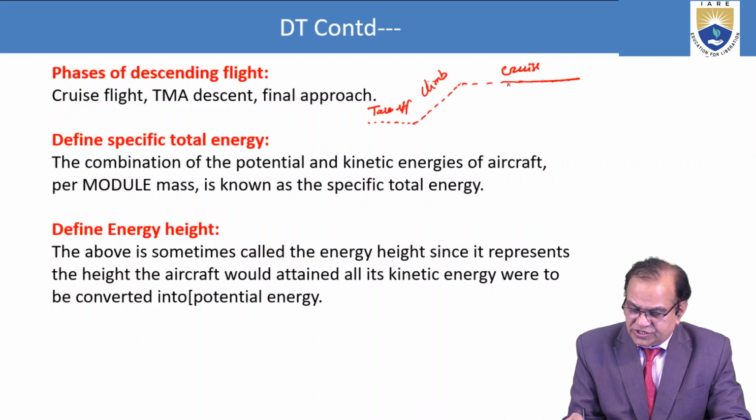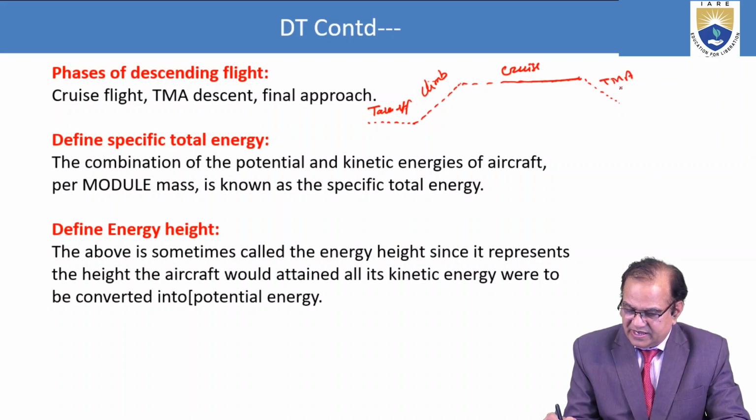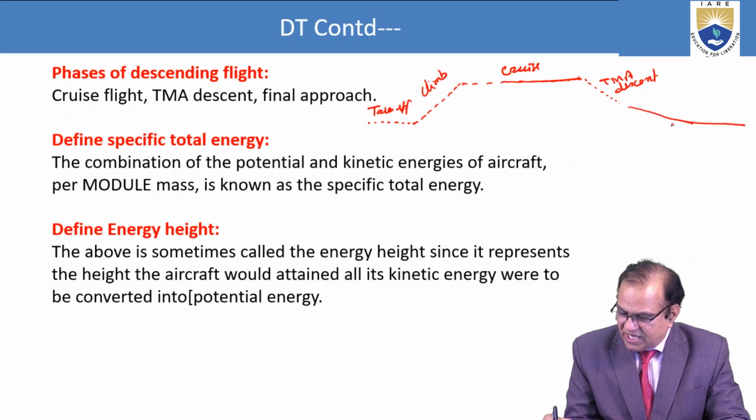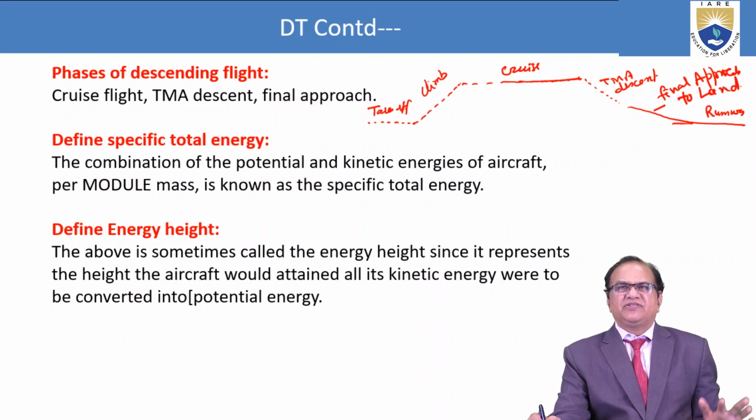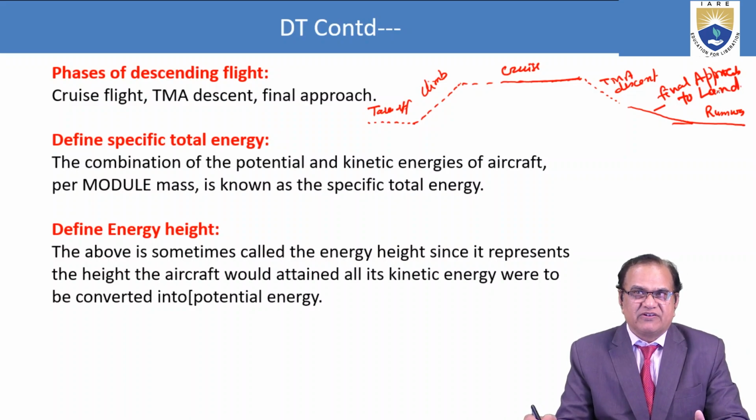From the cruise, it will slowly fall down. That is called TMA descent. Then this is the runway here, and the aircraft will start approaching the runway. This is called the final approach to land. So these are the three phases for the landing of the aircraft.